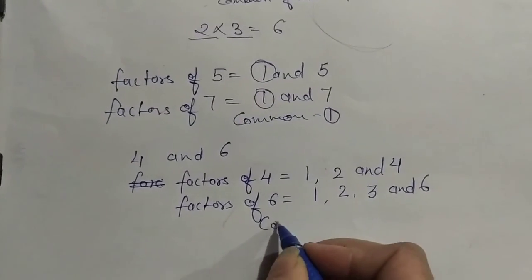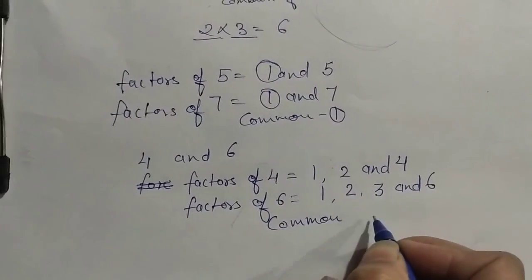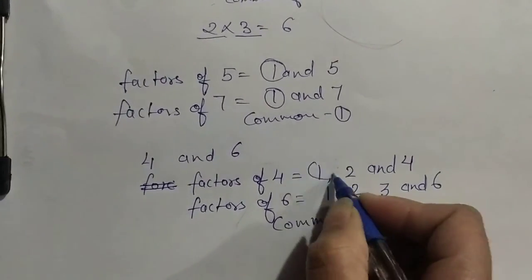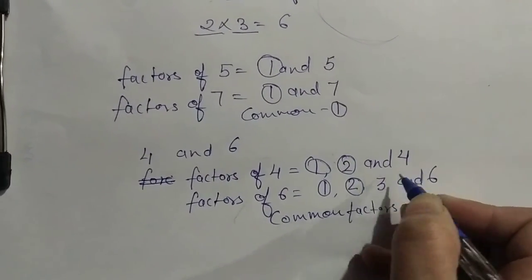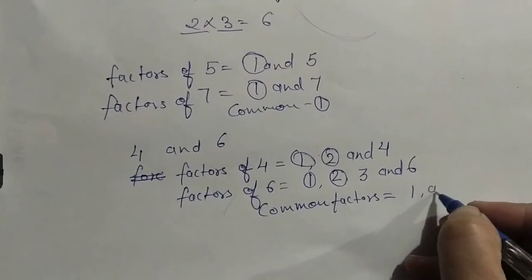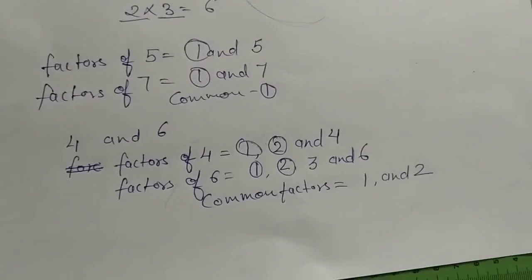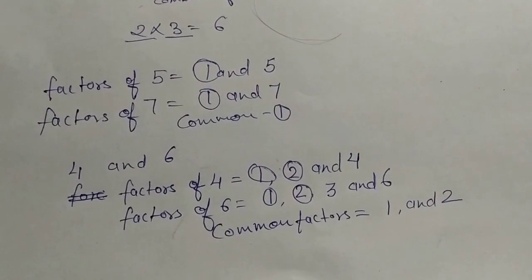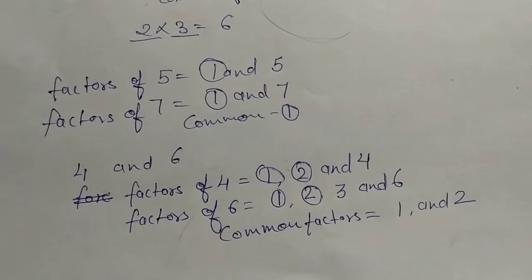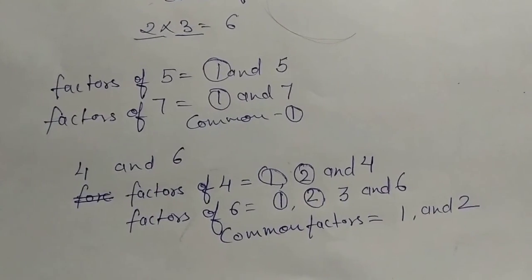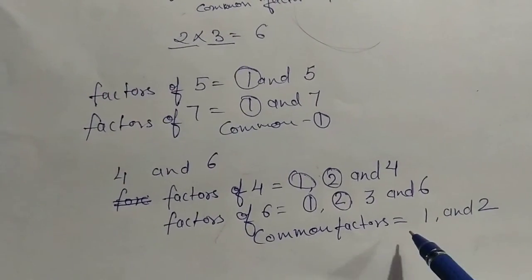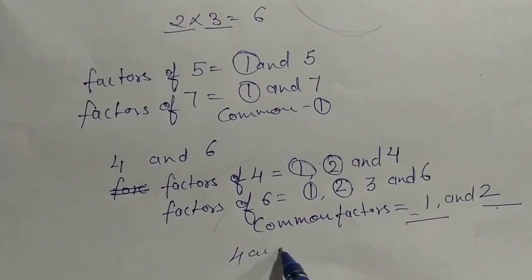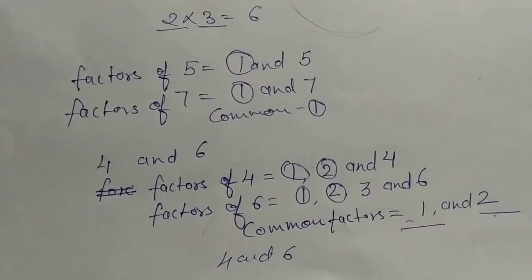Now the common factors are 1 and 2. But the definition was that two natural numbers are said to be co-primes if they have only one as a common factor. But we have here two common factors, 1 and 2. So 4 and 6 are not co-prime.